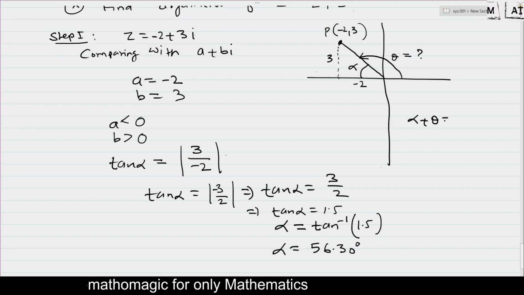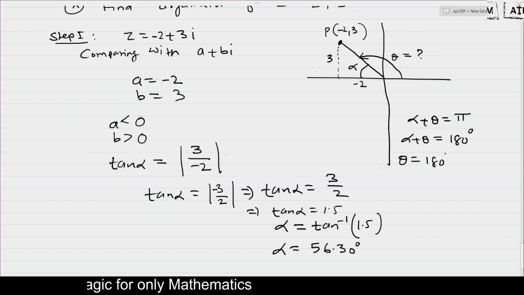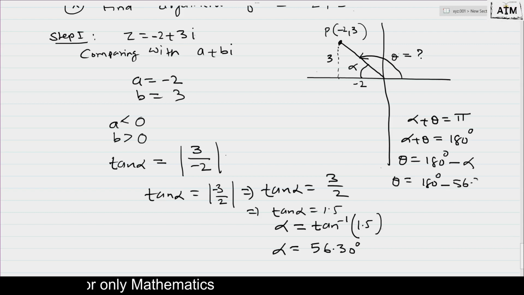Alpha plus theta equals pi radians. In terms of degrees, alpha plus theta is 180 degrees, and we need to find theta. So theta equals 180 degrees minus alpha. Theta equals 180 degrees minus 56.30 degrees.